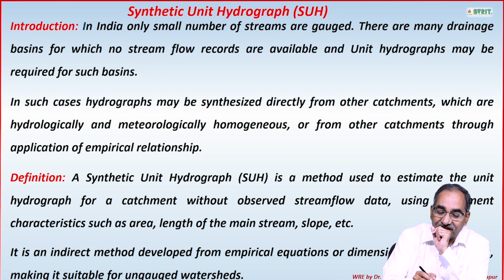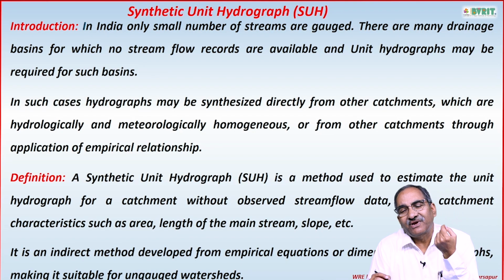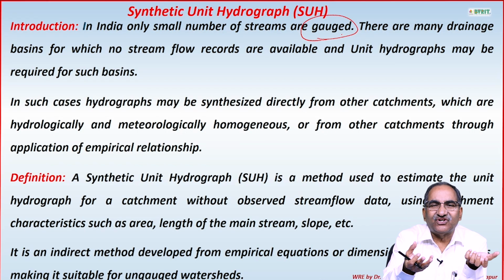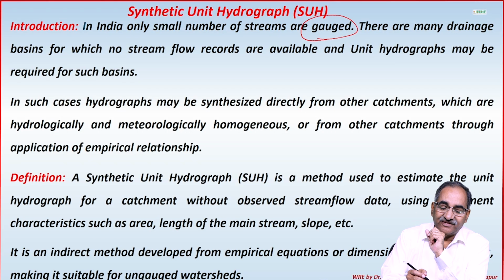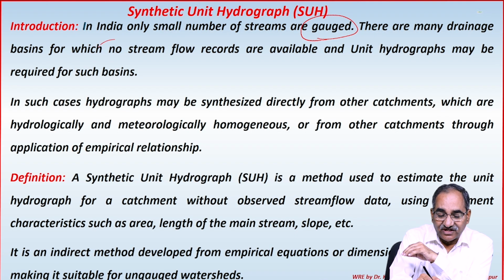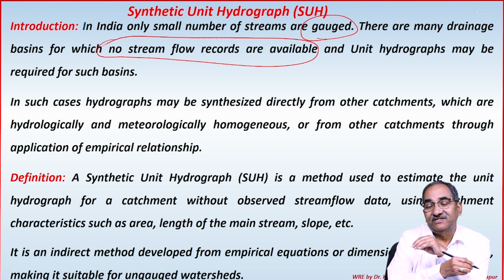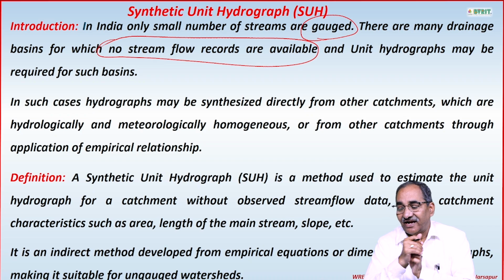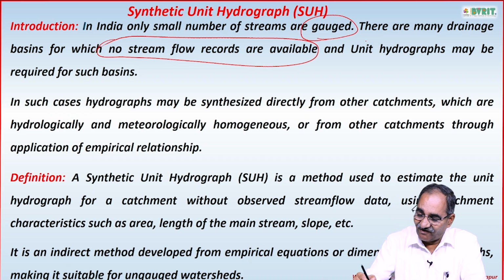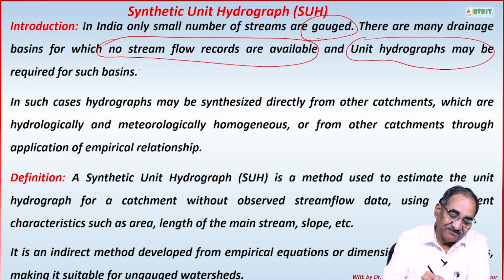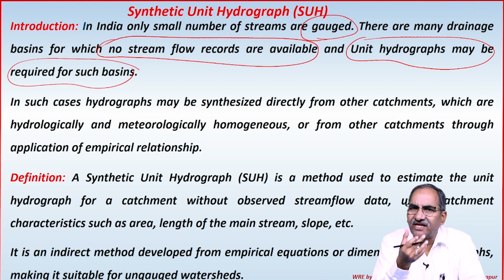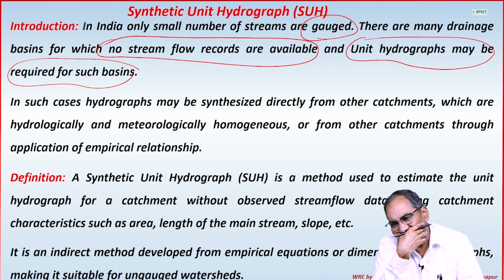Please see, in India only a small number of streams are gauged. Gauged means the data can be measured. There are many drainage basins for which no stream flow records are available, and unit hydrographs may be required for such basins, because for the construction of any hydraulic structure, we require the unit hydrograph.